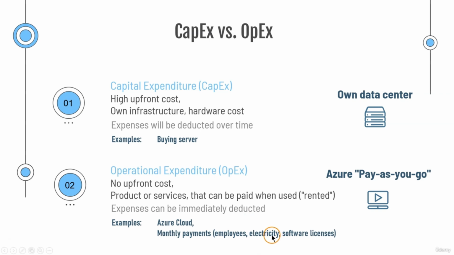So we have no upfront cost for the electricity, but we are just paying for this as we are using it. These are the two very important expenditure models. And now that we have this distinction, let's talk about the important benefits of using the cloud. Very important, and that's what we are doing in the next lecture.